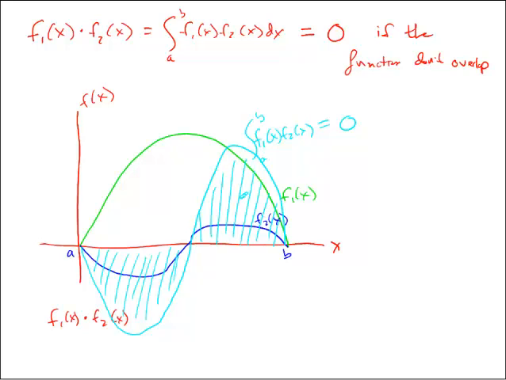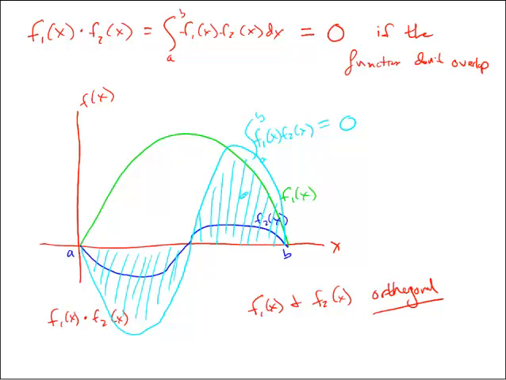So you would say that these two functions are orthogonal. So we would write that f1 of x and f2 of x are orthogonal. And so all orthogonal means in this case is that they don't overlap at all. Or rather, their overlaps cancel each other out.